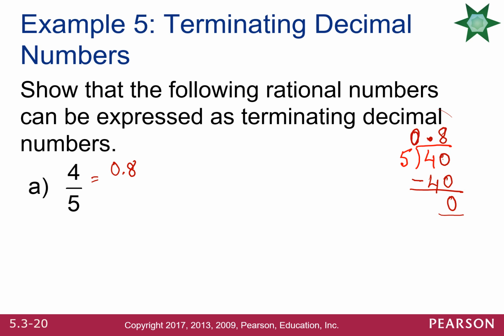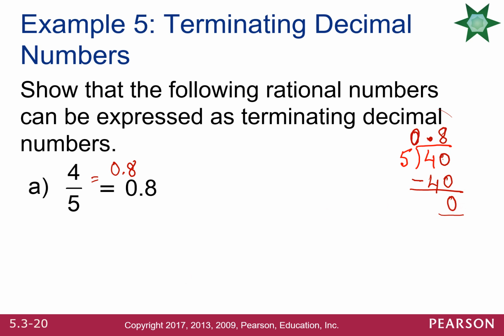So let's see if they got the same answer over here. All right, 0.8. Now they haven't shown the division. I have demonstrated the division process over here. They have just given us the answer. So it is 0.8, and the way they got it is by performing this division and then stopping once you end up with a 0 as the remainder.